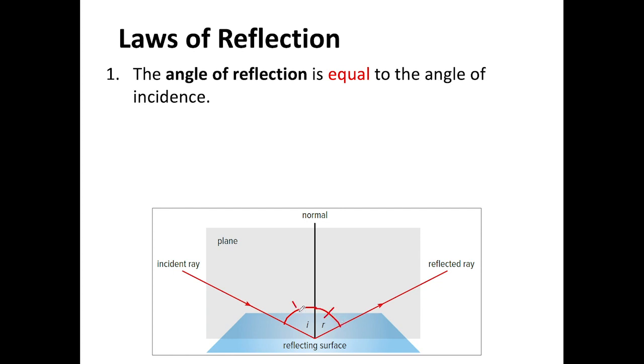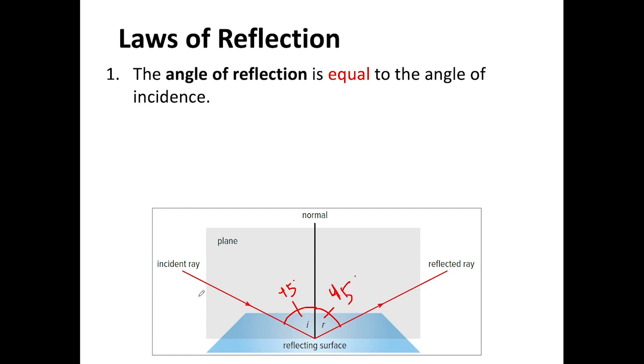When we draw a line there, it means that it's the same. So let's say that this is 45 degrees. This is also going to be 45. I really can't draw with this pen, eh? 45 degrees.